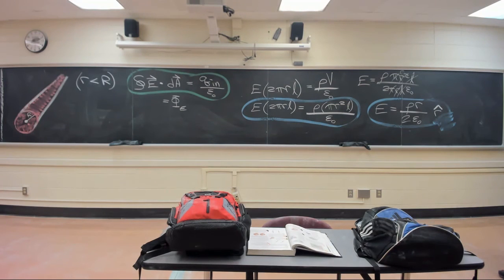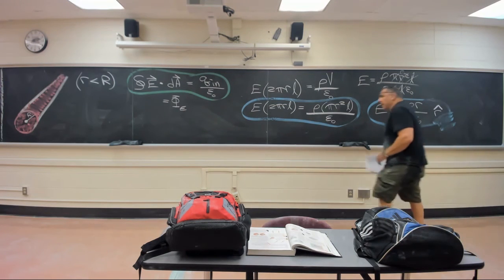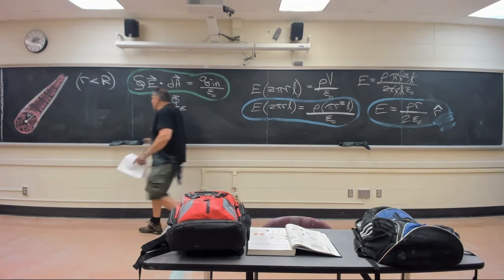Now we confirm consistency with the line charge with lambda, linear charge density. So we can visualize what's going on that way, you guys. Let's see what we can say here.